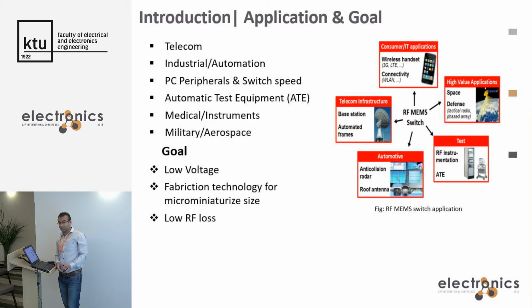So the low voltage is already achieved. Our low voltage is 2 volt for this aluminum nitride based RF switch, already presented in other papers, and we also need to find out about the fabrication. This paper is basically focusing on the RF losses.